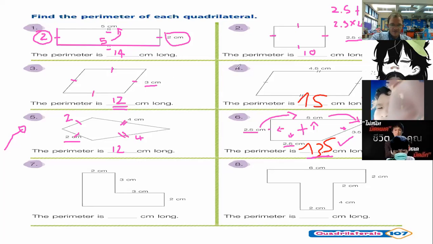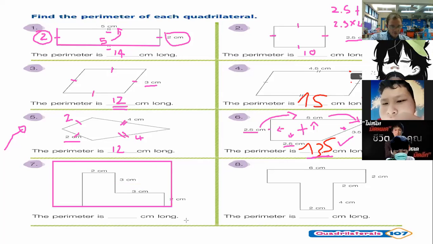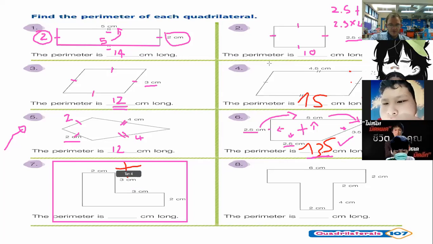But let's look at number 7 at the bottom here. Now this one's a little bit different. Let me first remove the writing. I'll allow you to write in a little bit. Let me just first explain so that the other kids can follow. What page? Page 107.